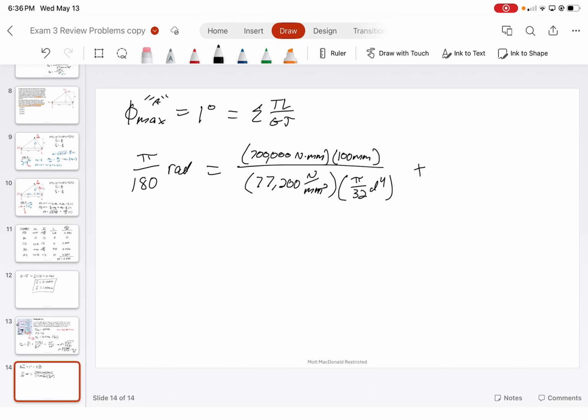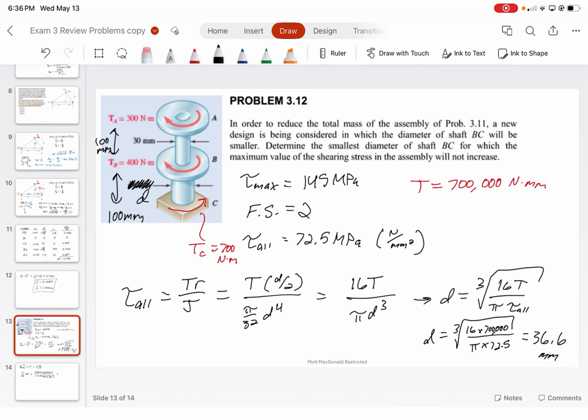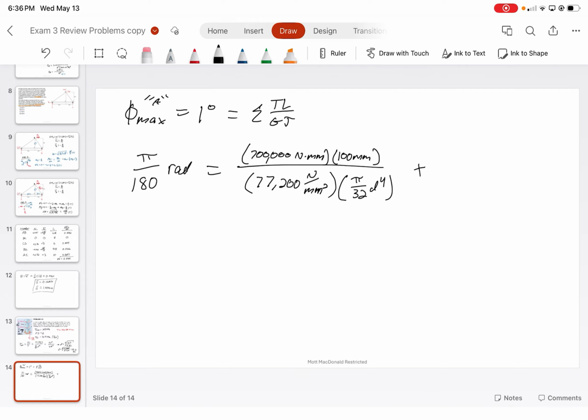And then we add rod AB to it, which then the torque in rod AB would just be the 700,000 minus the 400 Newton meters, which gives us 300,000 Newton millimeters. The length of that rod I just said was 100 millimeters. We're assuming the same material, 77,200 Newtons per millimeter squared. And then the diameter was 30 millimeters.